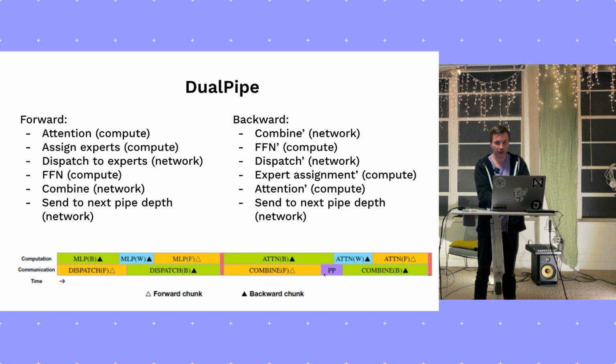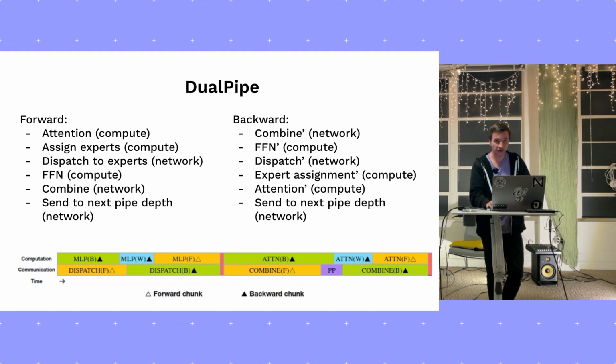By the time you send the combined data to the next layer on the forward pass, attention F is ready to be computed, and attention B just finished, so it's ready to do its pipelining, sending to the previous pipe depth, and then you're ready to combine, right? So the key here is that you can remove the blue ones and still have computation and communication fully overlaid.